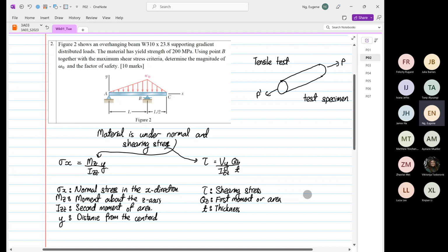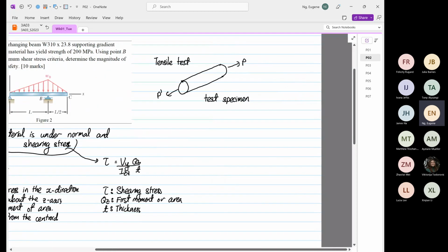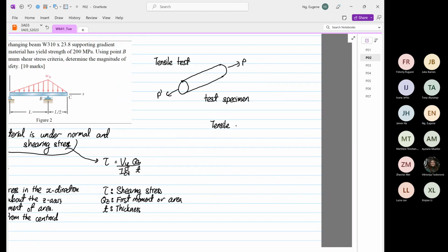Now, if you look at the tensile test, the tensile test is used to determine the yield strength. So how do they test this material?